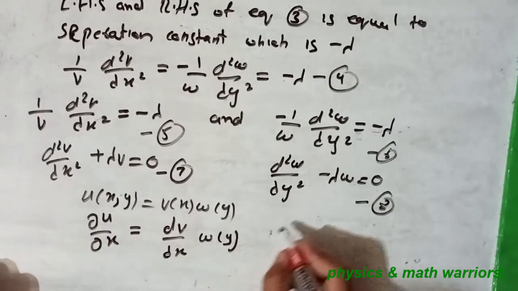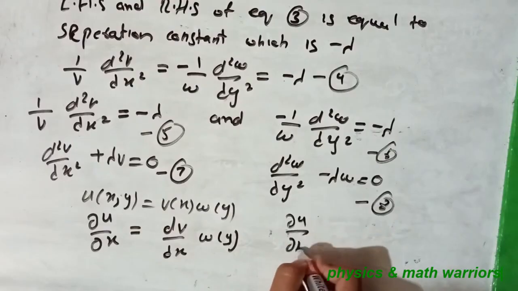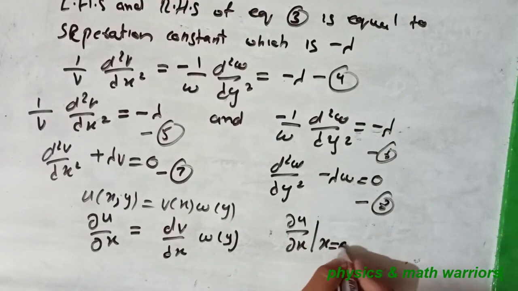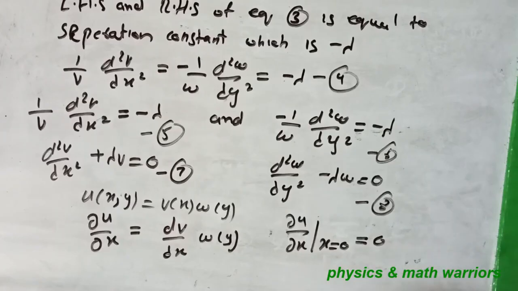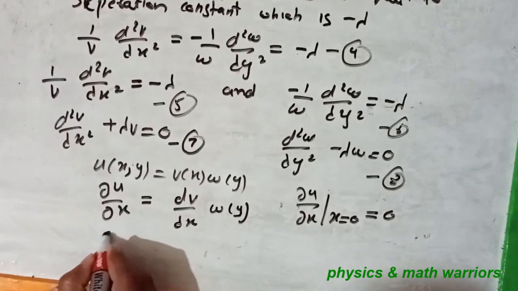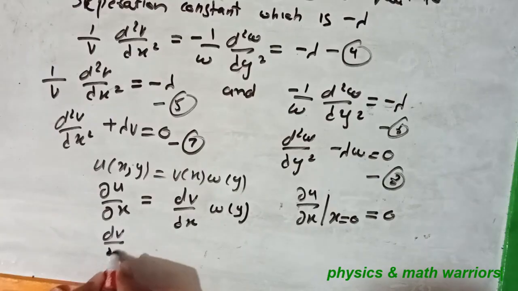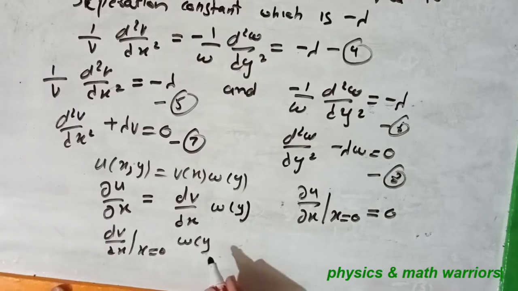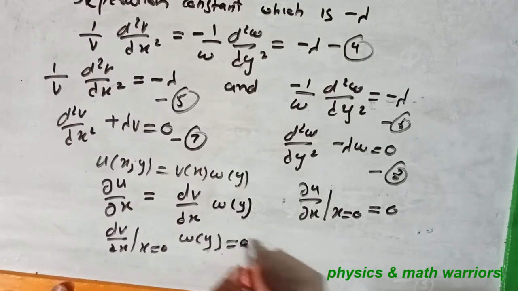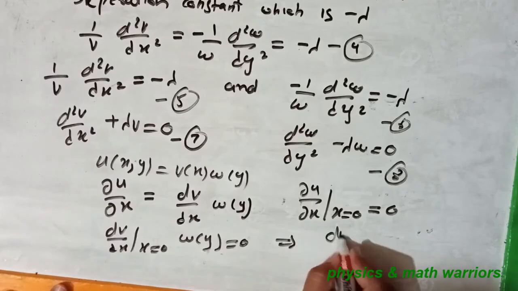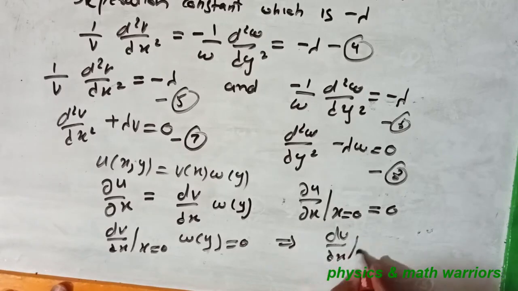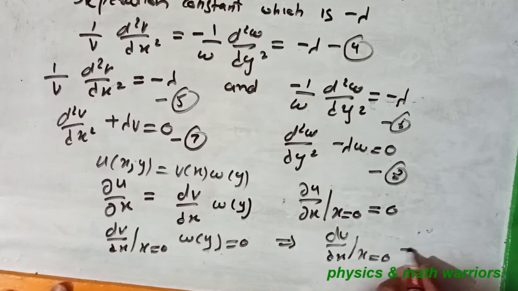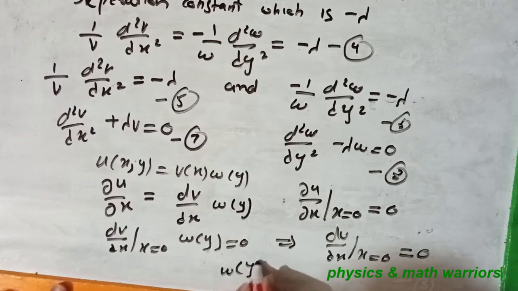So we have boundary condition partial u over partial x at x is equal to 0 is equal to 0 means dv over dx at x is equal to 0 omega of y is equal to 0 implies dv over dx at x is equal to 0 is equal to 0 and omega of y is not equal to 0.